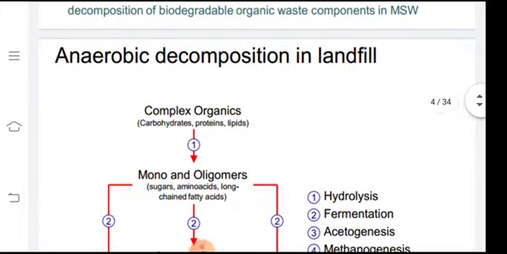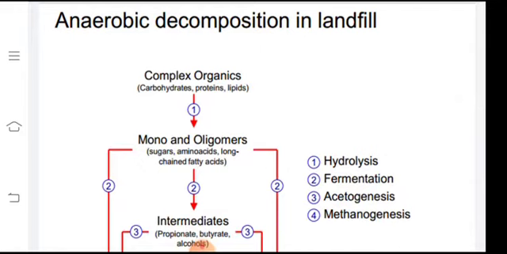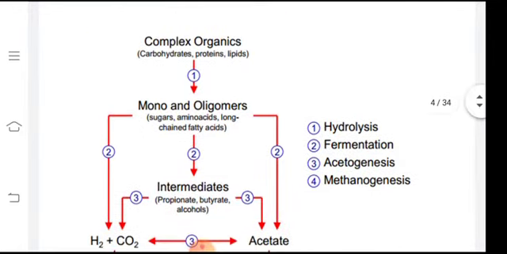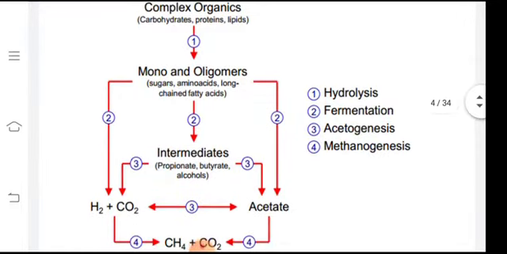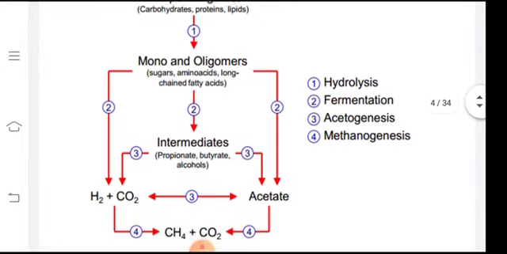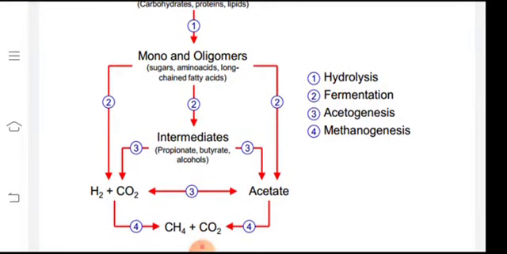Now what kind of anaerobic decomposition is taking place in the landfill? Firstly, we have complex organics which will be reduced to mono- and oligomers. What are oligomers? Oligomers are in between polymers and monomers. Then these decomposed compounds, oligomers and monomers, will further reduce to alcohols and simpler compounds, simple chains.